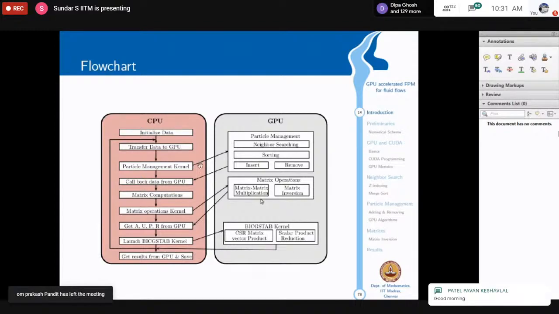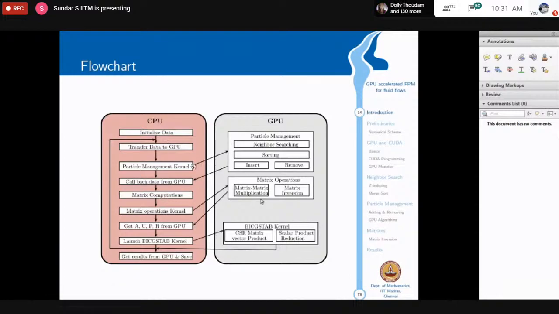So the CPU part is here, and from the CPU, components are moved into the GPU, which is important because you need to spend a lot of time in the CPU. So those operations need to go into the GPU. The moment you go to the GPU, we do particle management, because I told you we are using a numerical method which is a mesh-free method.